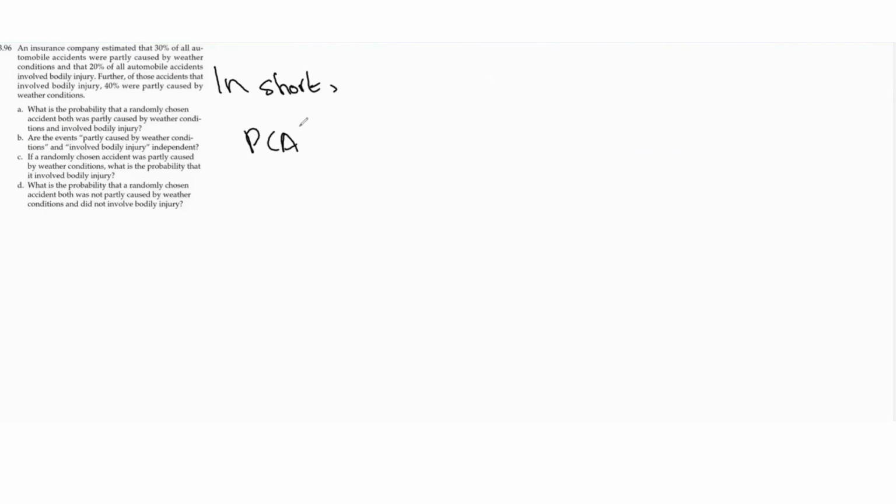So just to summarize, if you want to find probability of not A and not B, it's going to be 1 minus probability of A union B, because this is the probability neither A occurs nor B occurs. And this is the probability at least one of them occurs. So this includes the probability that only A occurs, only B occurs, or both of them occur. So when you subtract this from one, you get the probability that neither of them occurs.